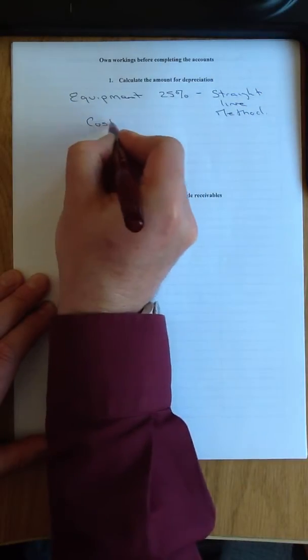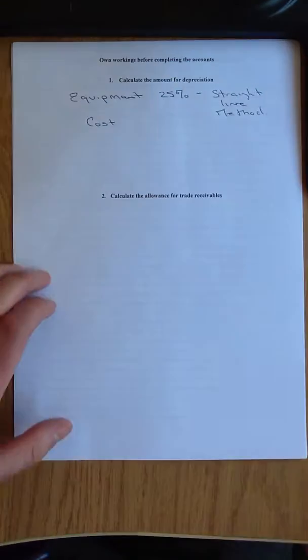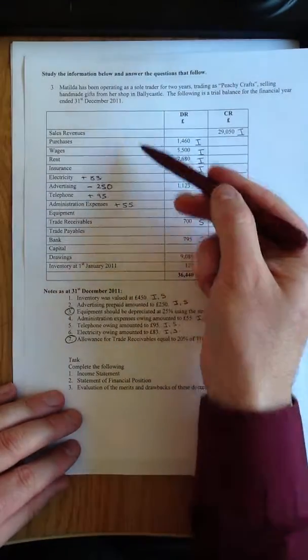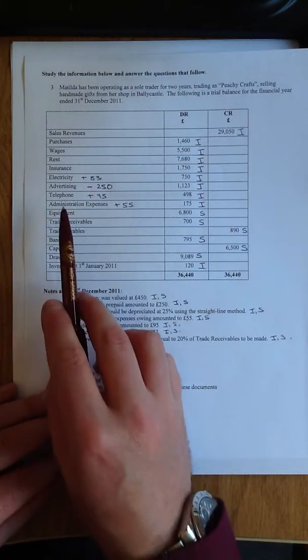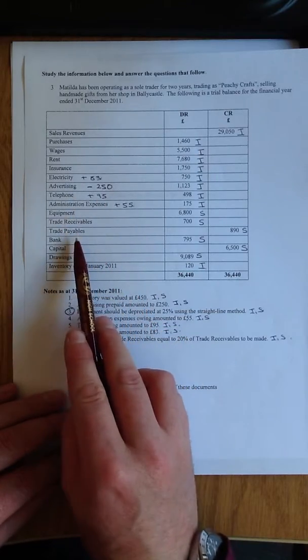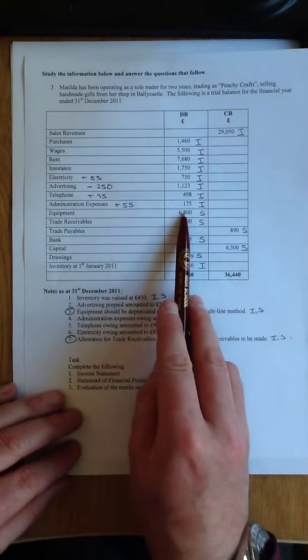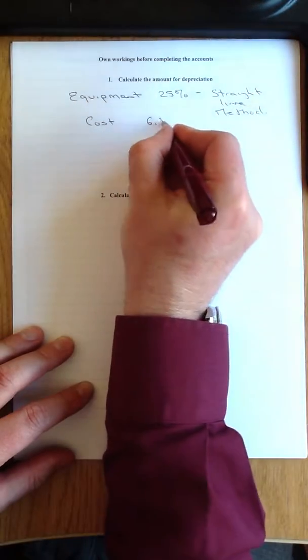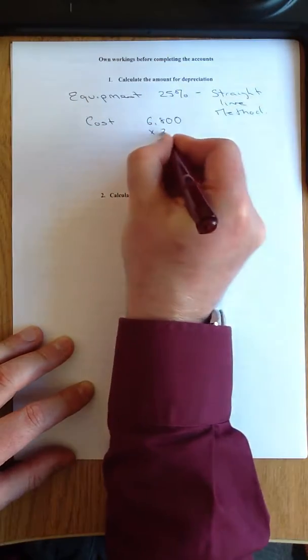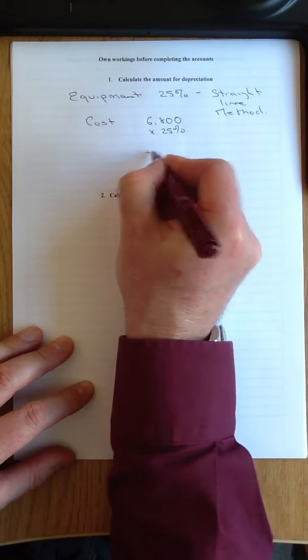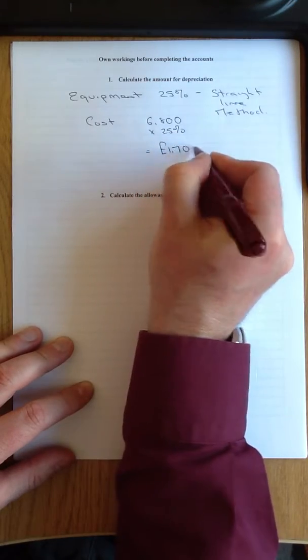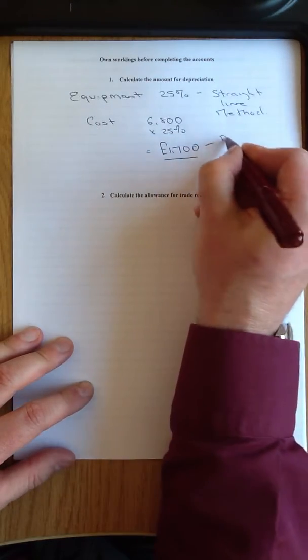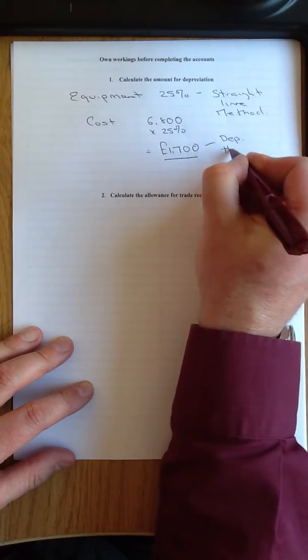So the cost of the equipment, which is in your trial balance, is £6,800. You multiply that by 25% and that gives you 1,700, and that is the depreciation for this year.